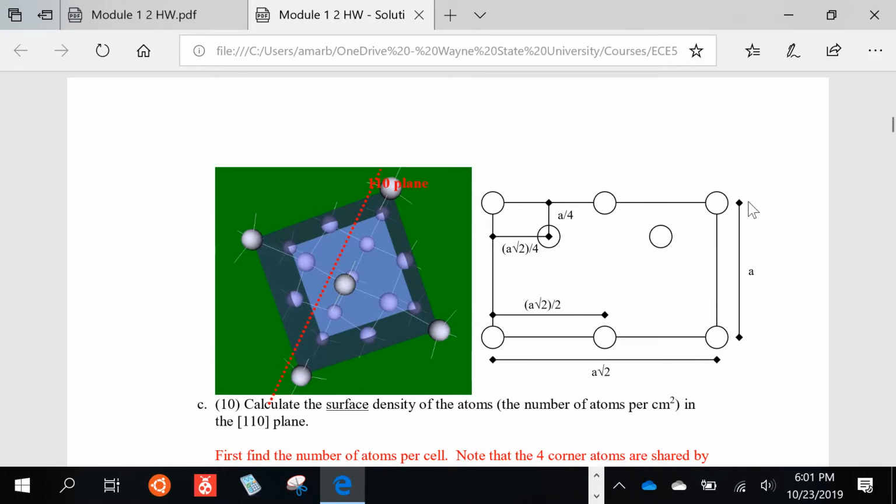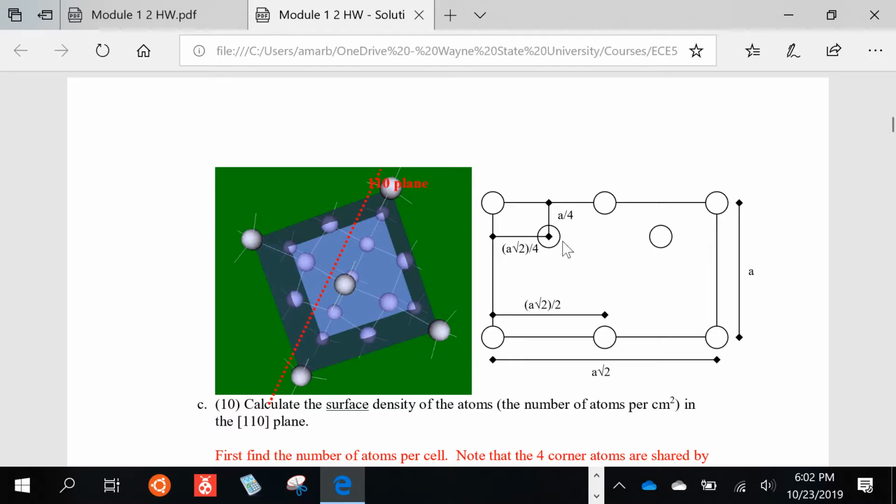Notice that this is A, the edge of the cube, but because we've cut diagonally across it is A times square root of 2 at the bottom here. And then the distribution of atoms, this part is straightforward. You have the corner atoms here. There are 2 atoms on the face, in the middle of the face. And the tricky part were these interior atoms.